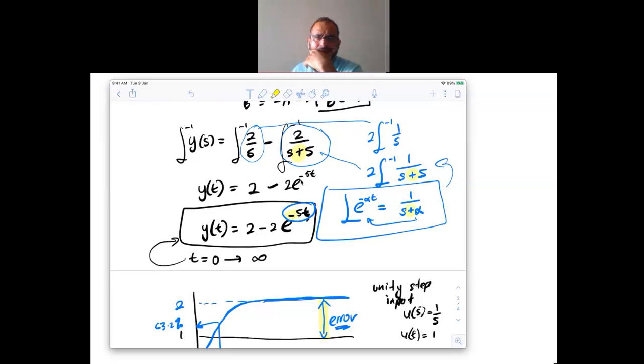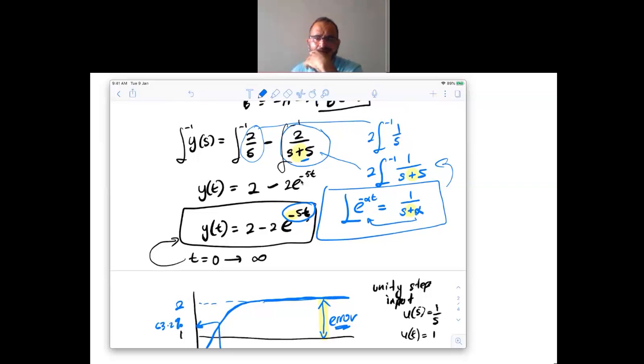Sorry, I don't have a pointer, I forgot. If this is negative, if it's s minus 5, then your exponential will be exponential of positive 5t, and your system will become unstable.